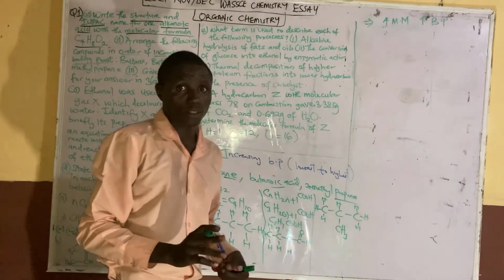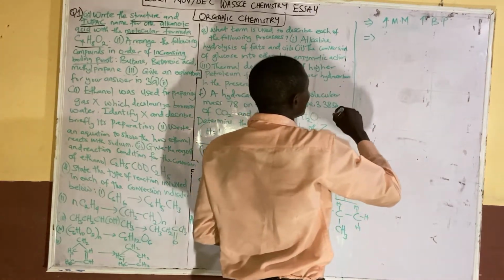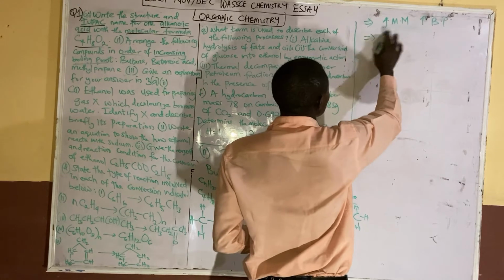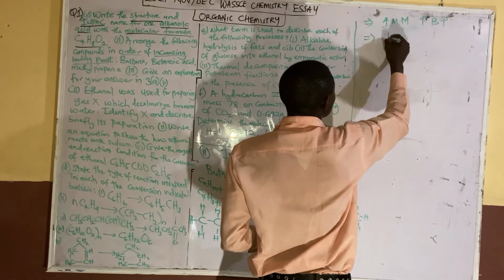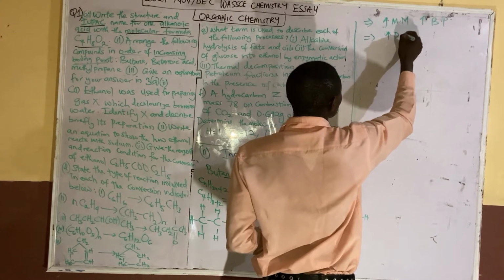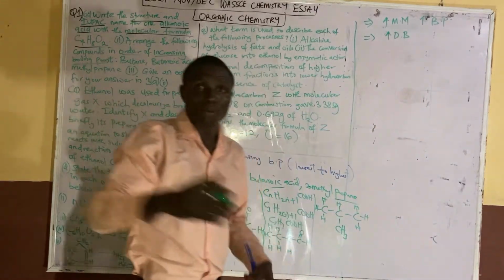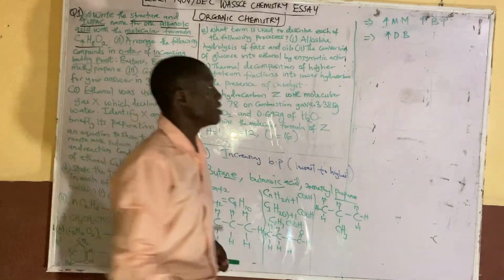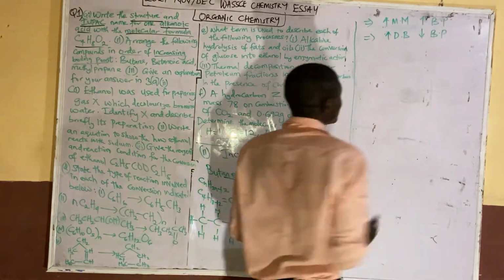The second one is the degree of branching. The more branches you have in your organic compound, the lesser the boiling point. Are you getting it?